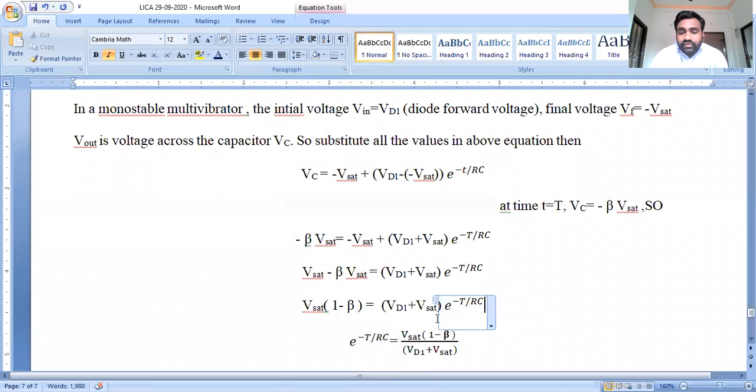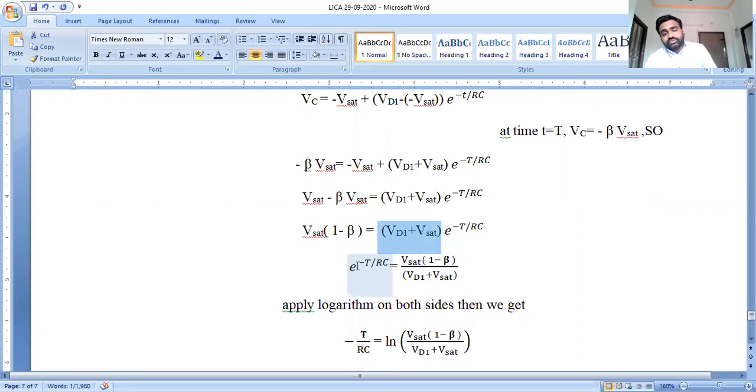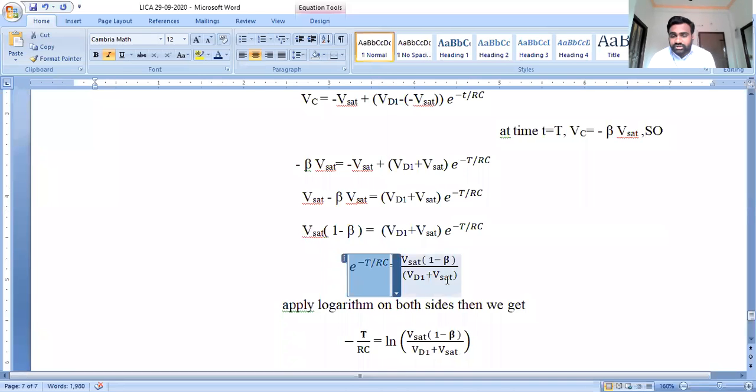Now we take the exponential on one side and the saturation and diode voltages on the other side. So the exponential of minus t divided by RC is equal to V saturation of 1 minus beta divided by Vd1 plus Vsat.